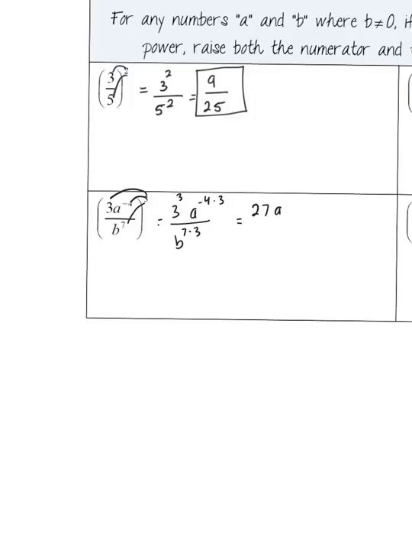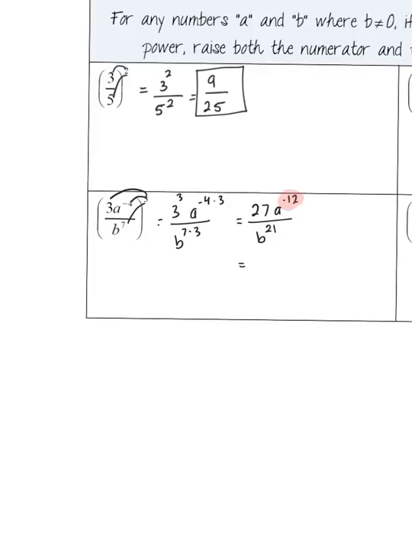A to the negative 4 times 3 is a to the negative 12. And then b to the 7 times 3 is b to the 21. So this is not my final answer because notice here, you've got that negative 12. We do not want any negative exponents. So I'm going to flip my fraction and I'm going to make it positive.